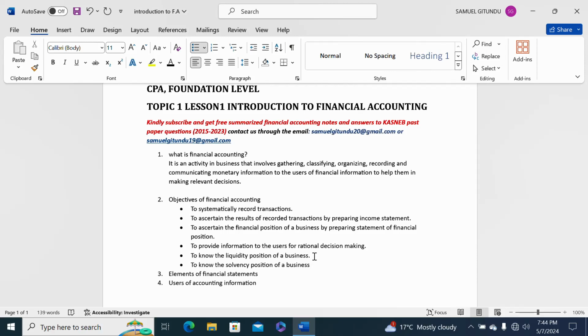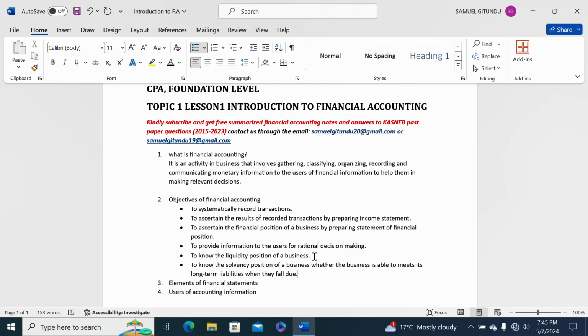The solvency position is whether the business is able to meet its long-term liabilities when they fall due.